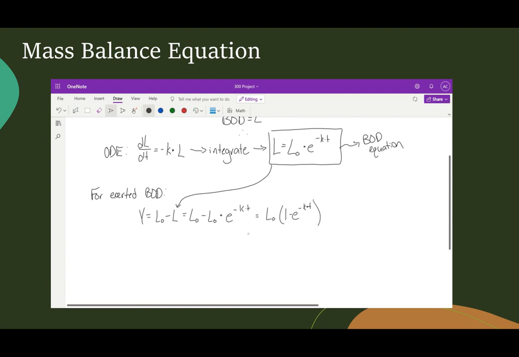So this gives us that BOD exerted is equal to initial BOD multiplied by 1 minus e to the negative k times the time. And this equation we will use when solving for BOD exerted.